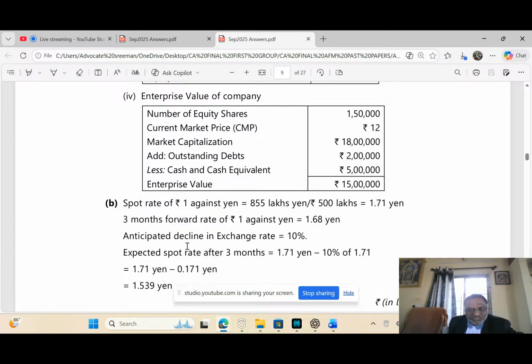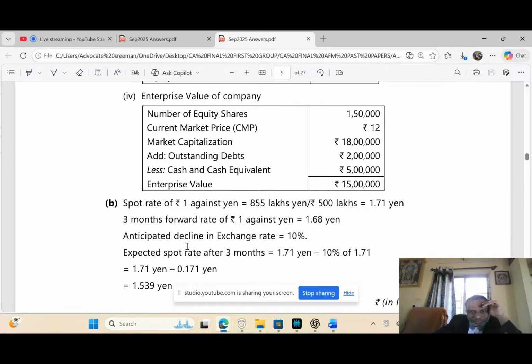Anticipated decline in exchange rate is 10 percent. Spot rate: 1 rupee against 855 divided by 500, that is equal to 1.71 yen.